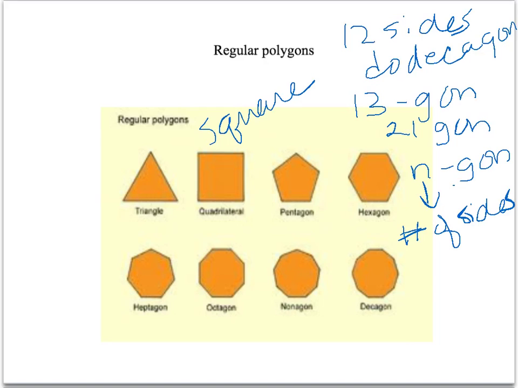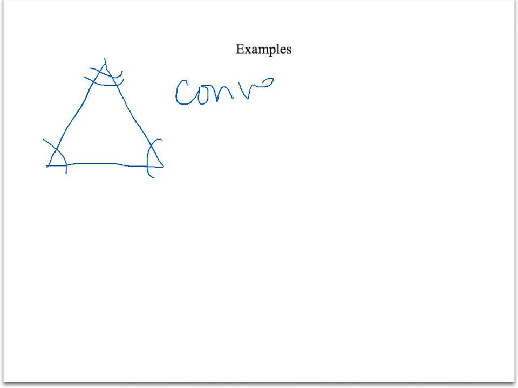Okay, let's take a look at some examples of polygons. First of all, this is an isosceles triangle. So it is convex. It's not regular, it's not equiangular or equilateral.